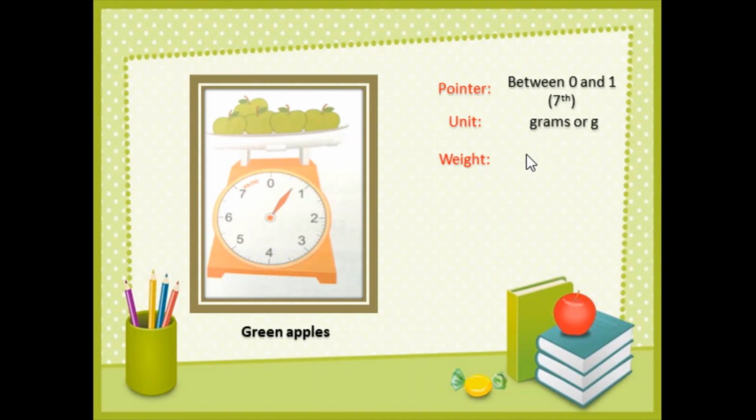The weight is 700 grams. Why? Because one small division is equal to 100 grams. We can say now, the green apples weigh 700 grams. The green apples weigh 700 grams. Your turn. Good job.